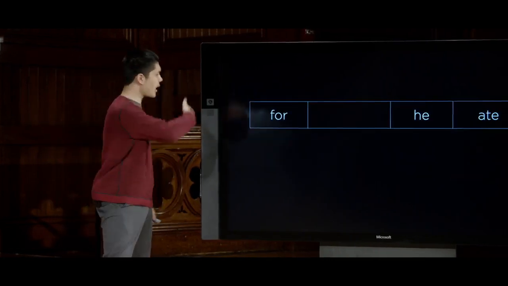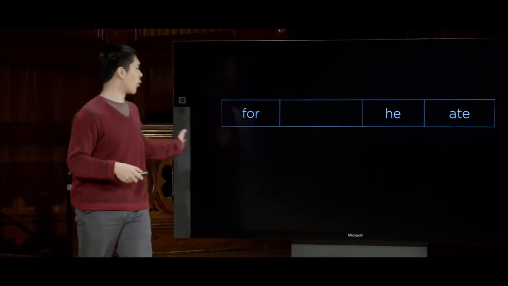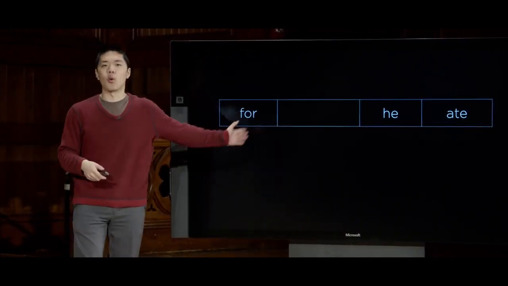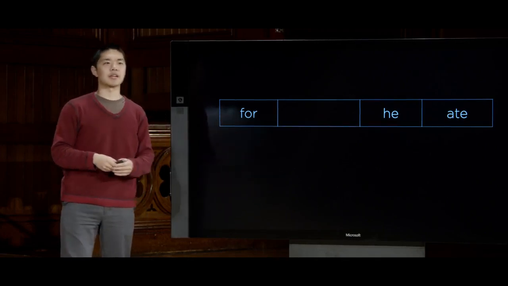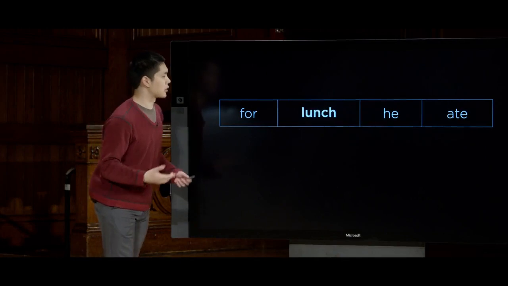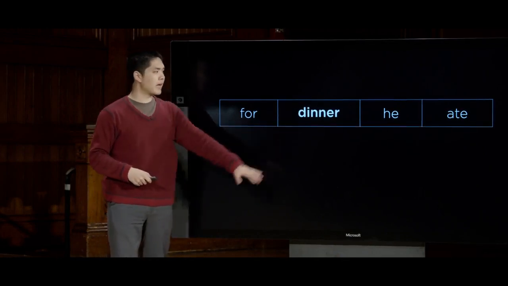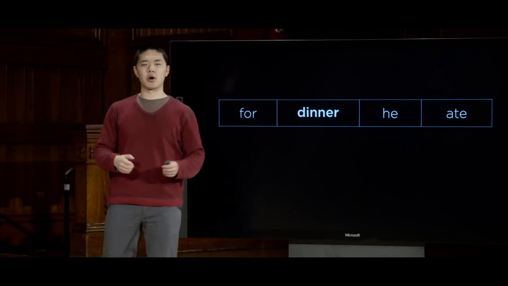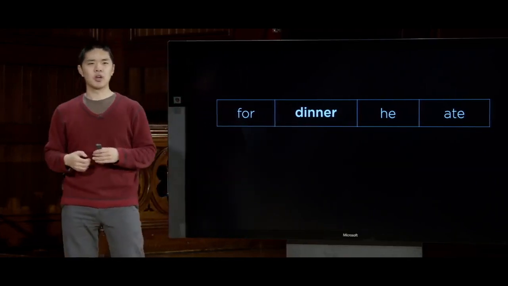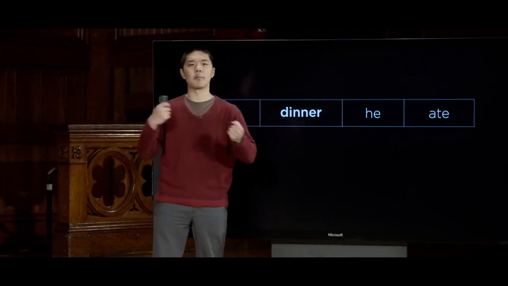appear. If I have a sentence like this, 4 words in sequence, "for blank he ate," what goes in the blank? Well, you might imagine that in English, the types of words that might fill the blank are words like breakfast, or lunch or dinner. These are the kinds of words that fill in that blank. And so if we want to define what lunch or dinner mean, we can define it in terms of what words happen to show up around it.